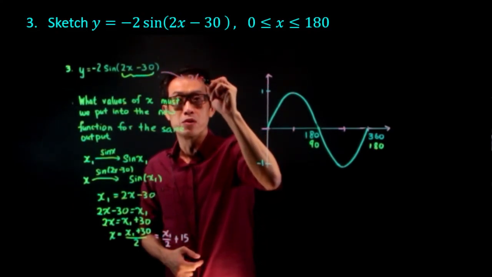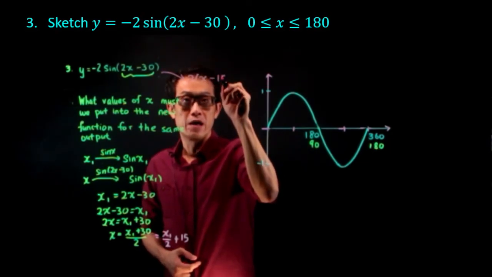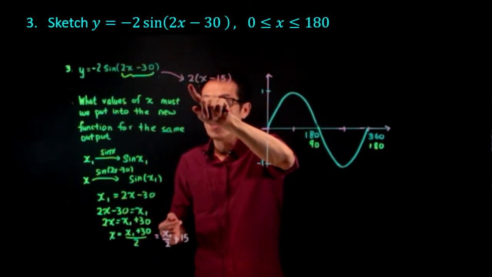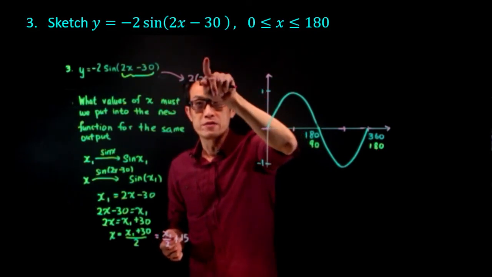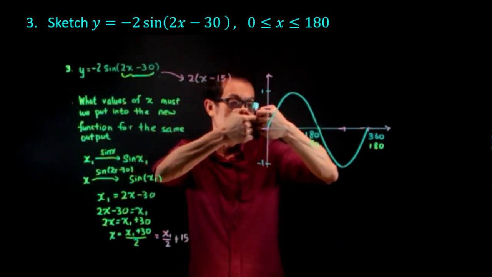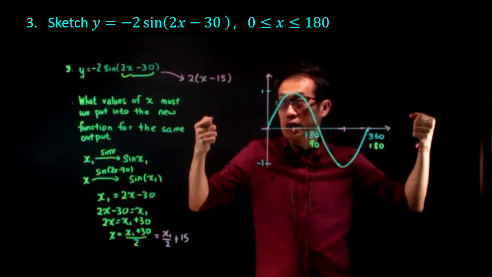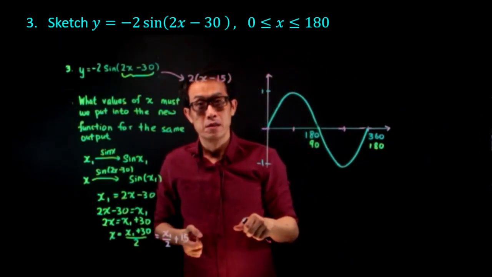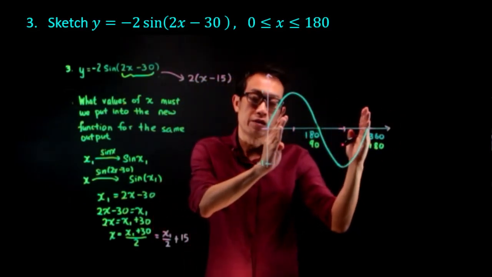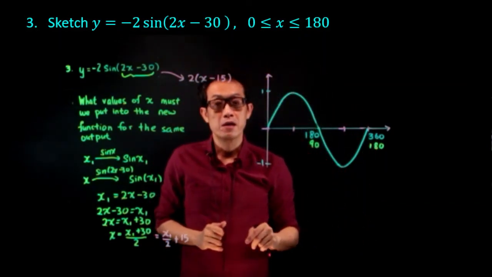It will be equal to, we take the 2 out, what is inside will be left with 2 into x minus 15. So for these, whatever the transformation of x is always against intuition. You look at this, you feel that it is being stretched by a scale factor of 2, but actually it is being compressed. Now this one you feel that you need to shift the graph to the left by 15, but instead you need to shift to the right by 15.